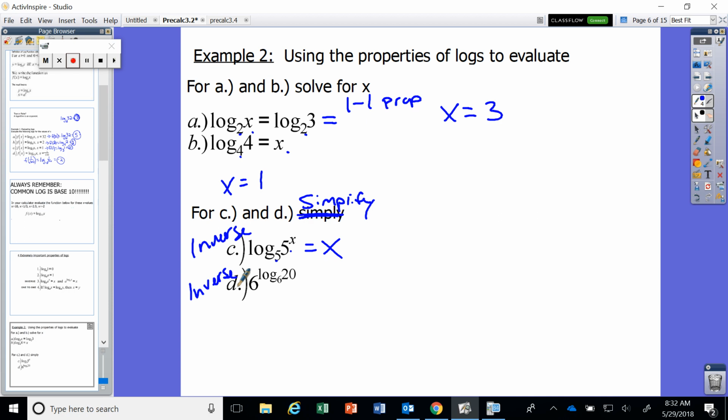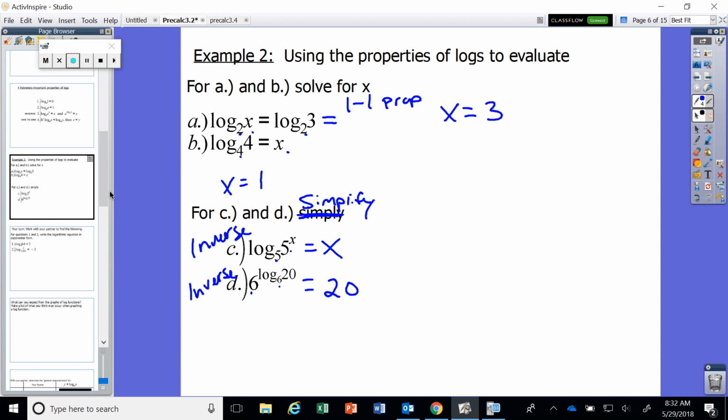Now we are saying that 6 and 6 both match up, those common bases that we have in there. So if these are the same bases, this simplifies down to 20.